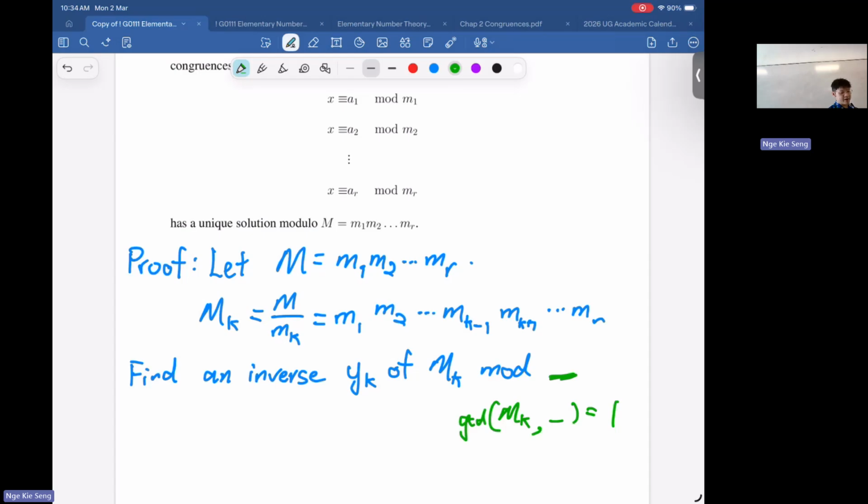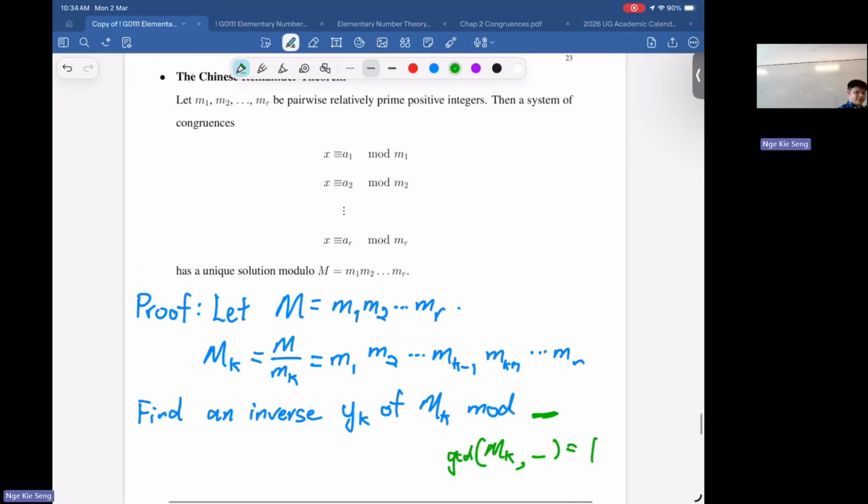By this Mk construction, what is relatively prime to Mk? Maybe you don't have enough info, because you need to realize that we are only solving for these little mi to be pairwise relatively prime. Pairwise relatively prime means that if you pick any two of them, their GCD is 1.